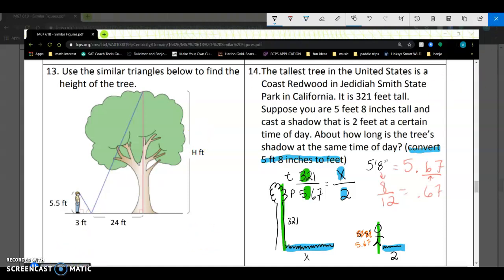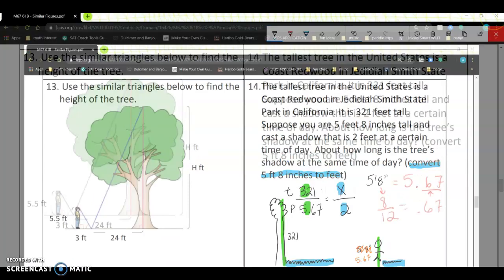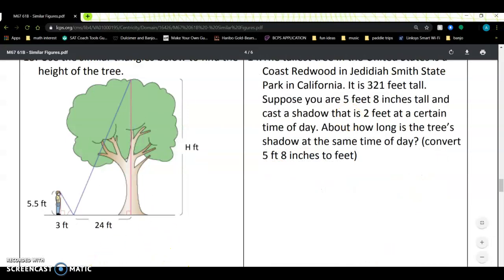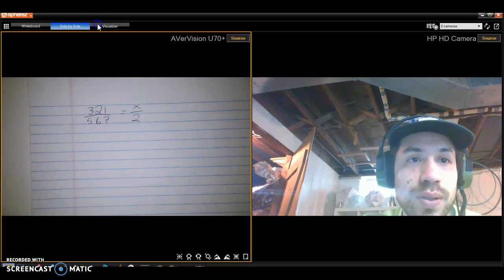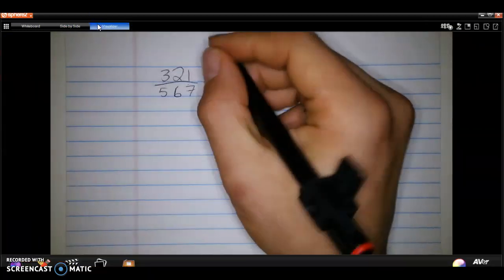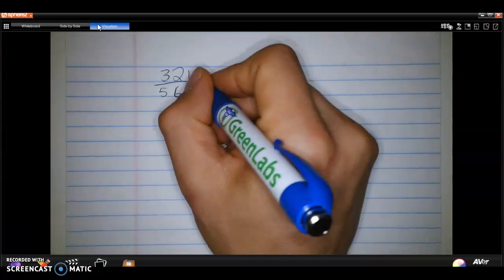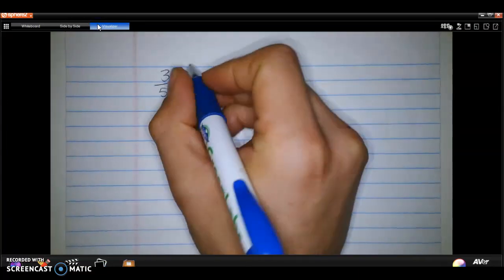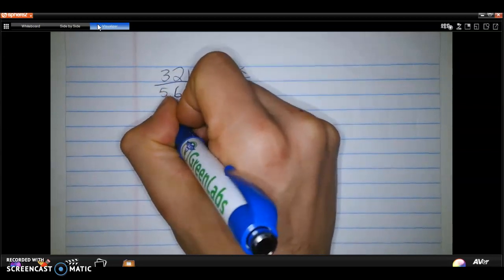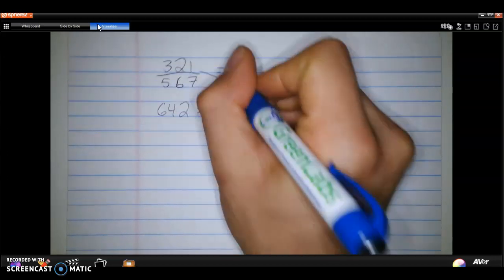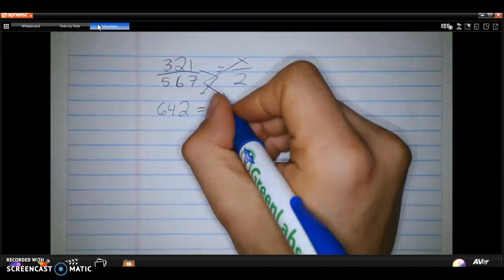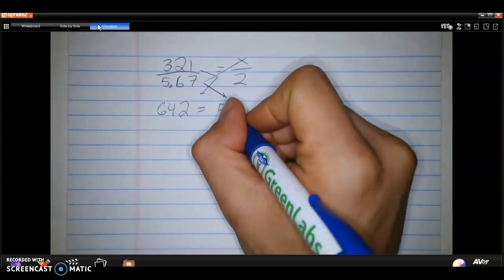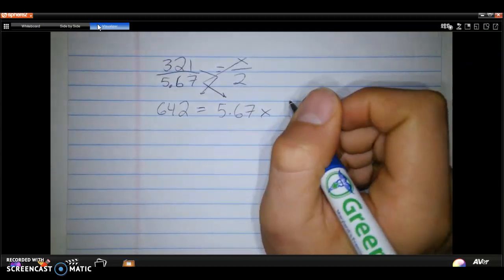So I'm going to swap out of this, and like I said, we're going to continue right over here under the document camera. Hey guys, you get to see a nice up close pic of me there. Boom. We cross multiply here. 321 times 2 is 642 is equal to x times 5.67, which would be 5.67x.